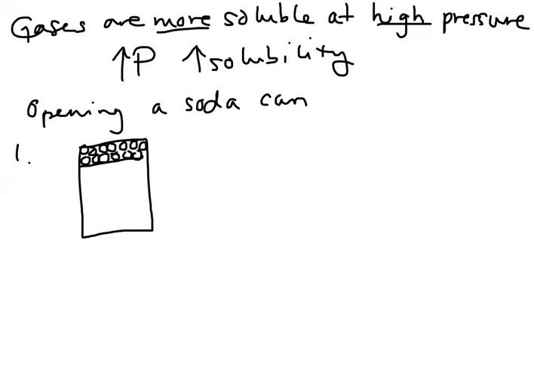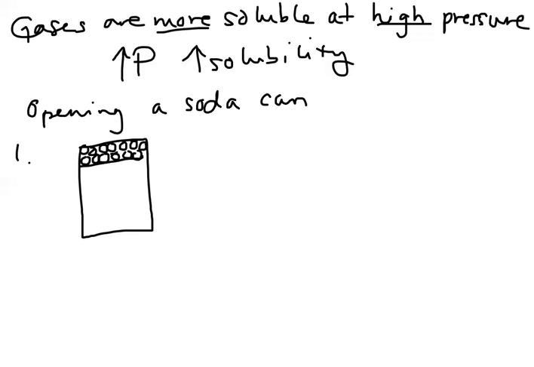And what this means is that any gas that's dissolved in the liquid basically doesn't have room to come out of the liquid to desolubilize because there's already too many gas molecules stuffed in the top of the can.